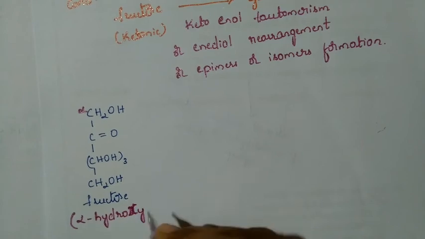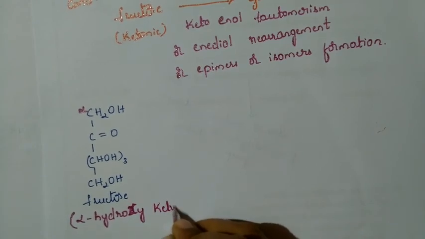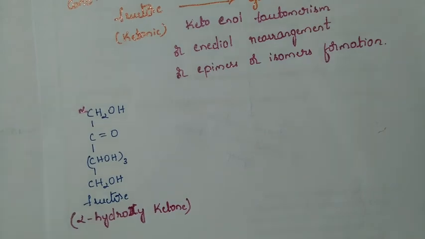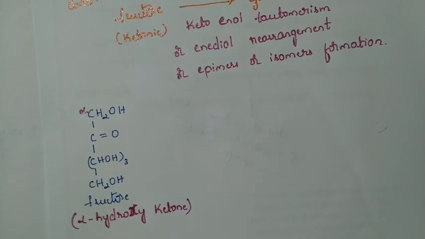Alpha hydroxy ketone. Fructose has an alpha carbon with an OH group, so it is an alpha hydroxy ketone.